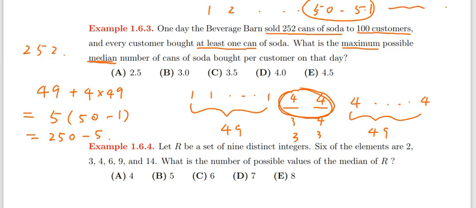So it is 250 minus 252, and we find these two positions sum to 7. So these two numbers should be as large as possible, 3 and 4.